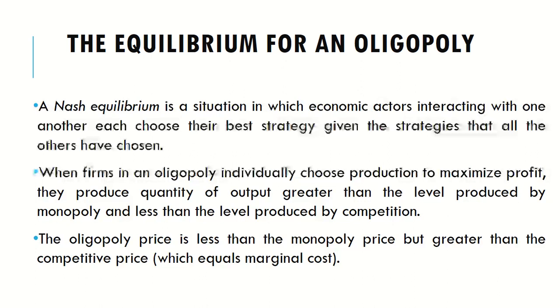So the price charged by the oligopolistic firm is less than the monopoly price, but it is greater than the price charged in the perfectly competitive market, where price is equal to the marginal cost.